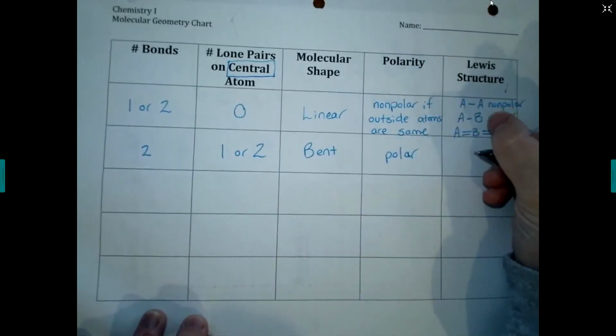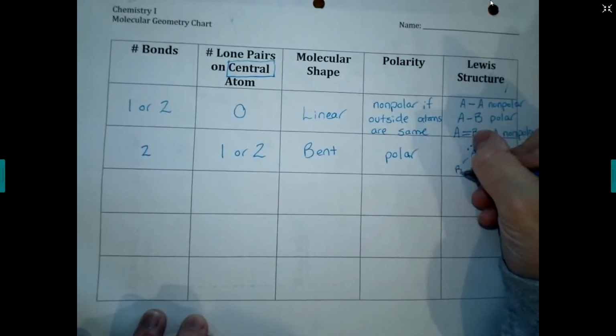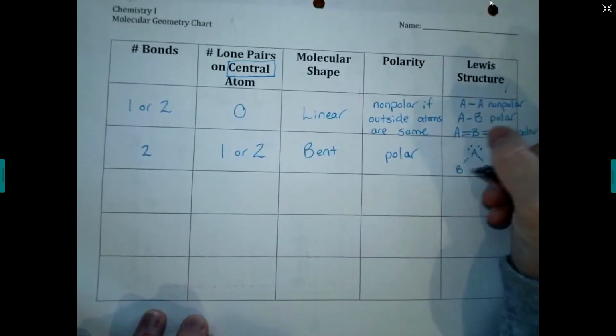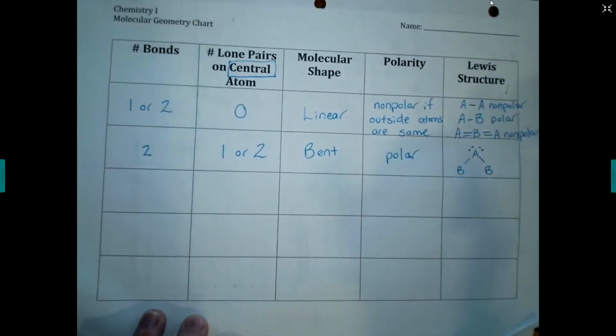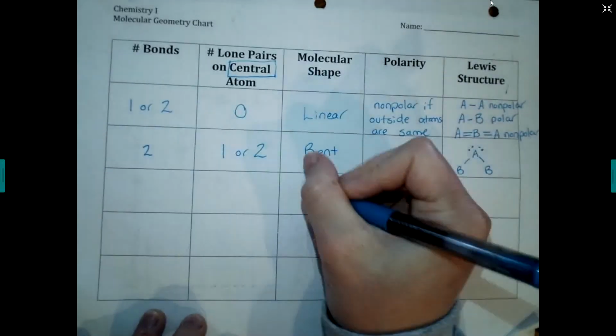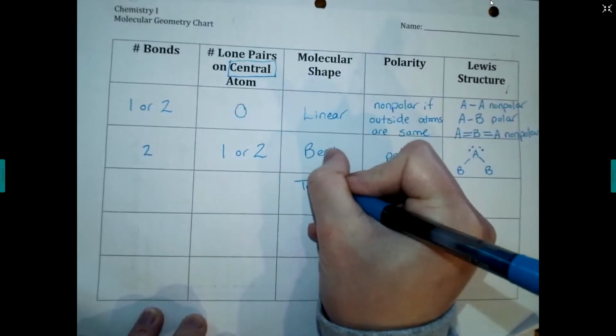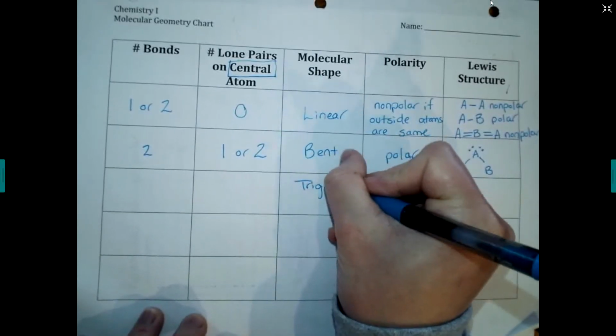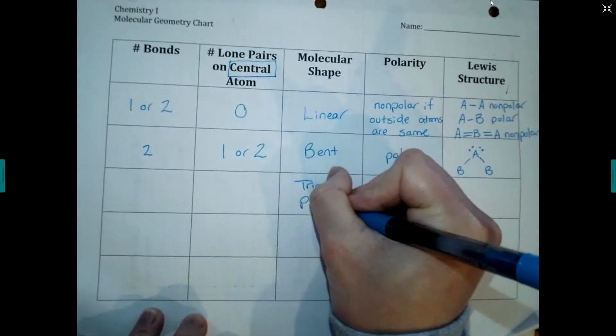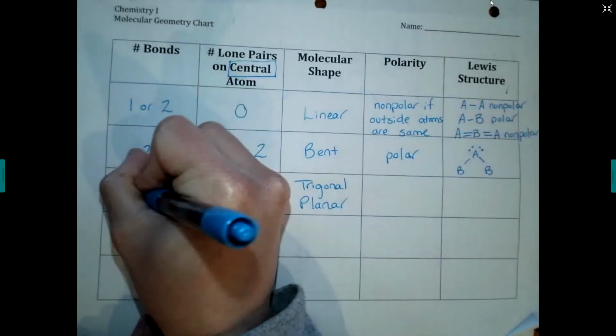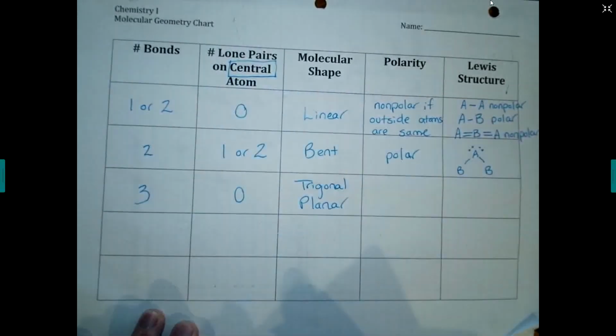And then for this, we'll just put lone pairs on A and make B's our outside atoms. The next shape is trigonal planar. That's when you have 3 bonds, 0 lone pairs on the central atom.